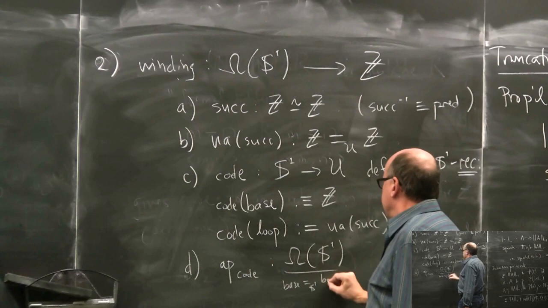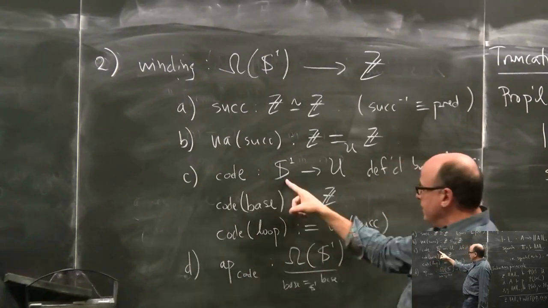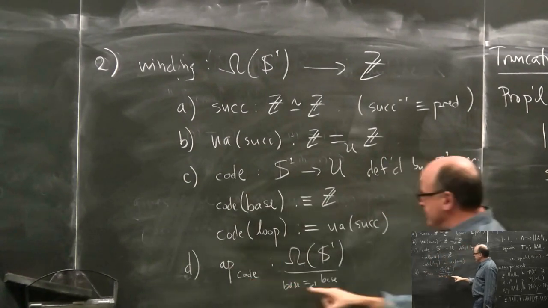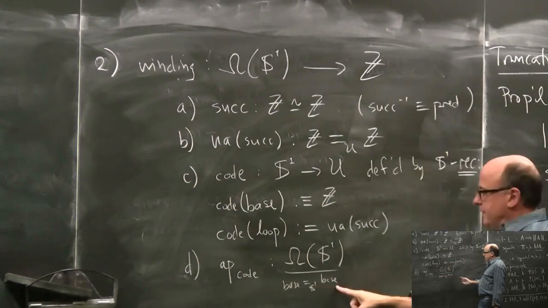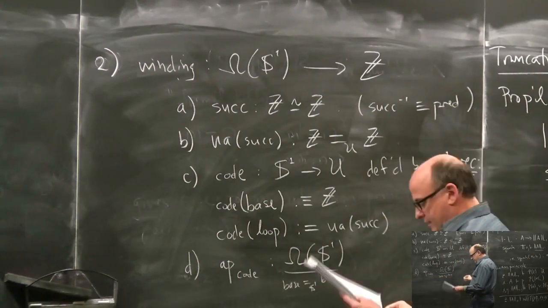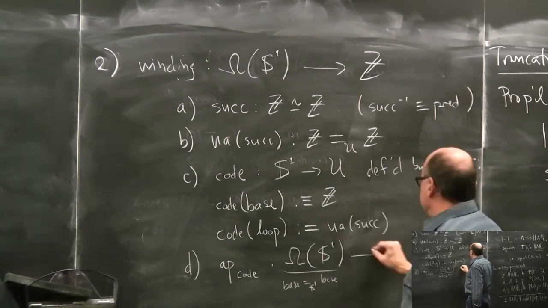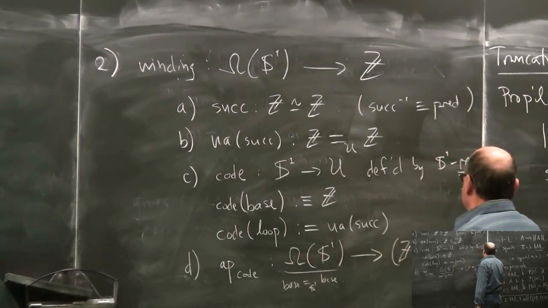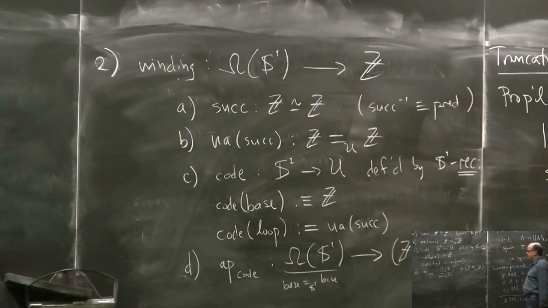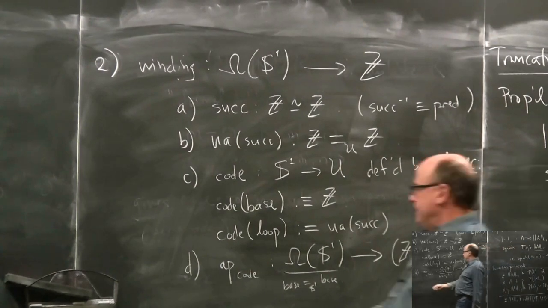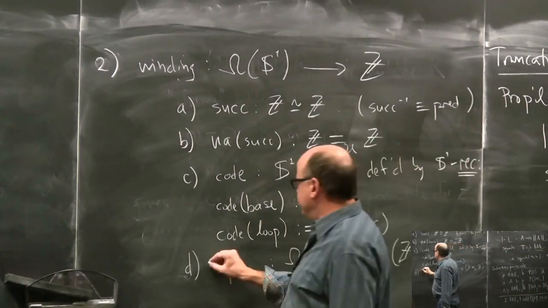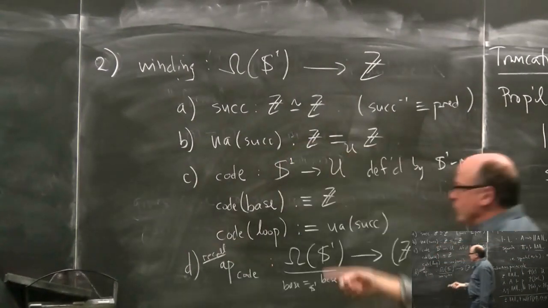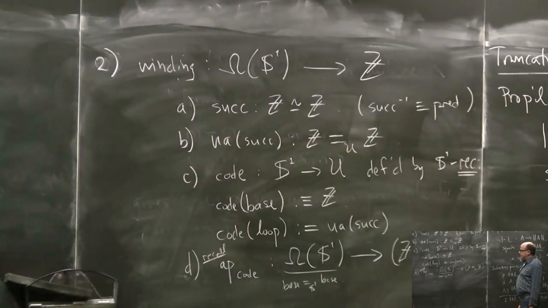So the domain of code is S1. So when I look at its action on paths, it's given here like that. And that goes over here to Z equals Z in U, which is written like that. That's just a remark, a fact from before, so we can say recall here or something, that once I have code written like that, that's what the action on paths is.